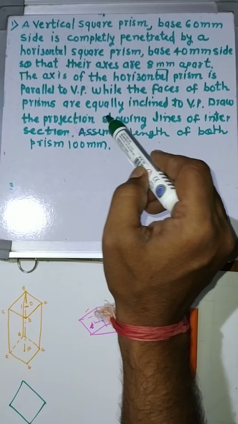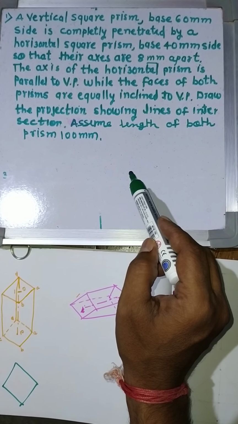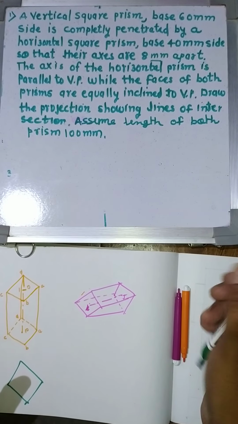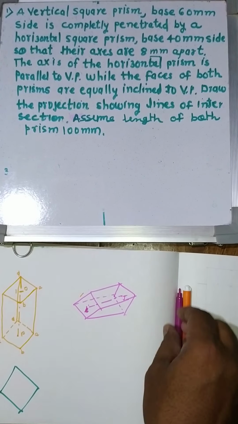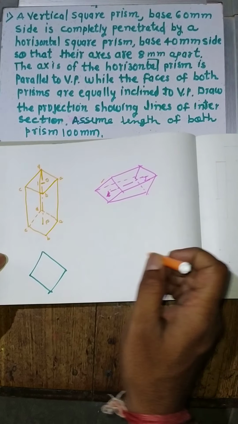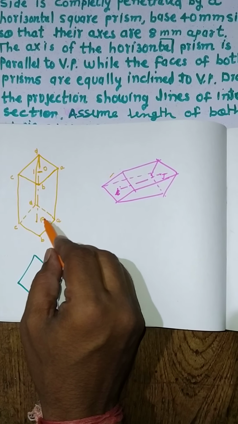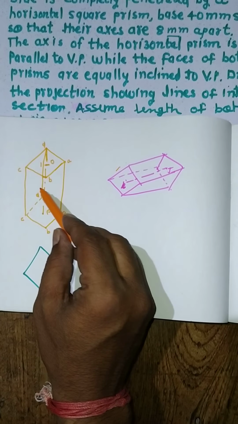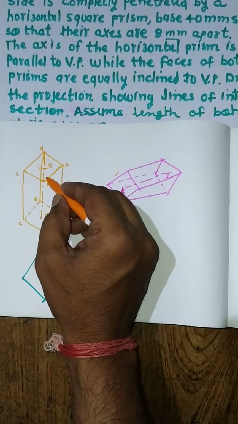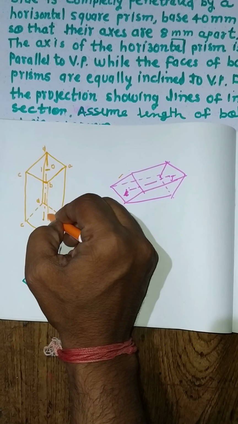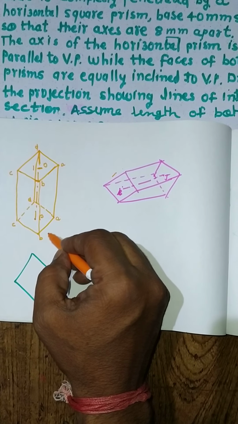Now let us understand the meaning of each sentence. We already know there are two solids. One is vertical and another is horizontal. Here the vertical solid is a square prism, which I have shown with yellow color. The square prism has four rectangular faces. Which are the four?